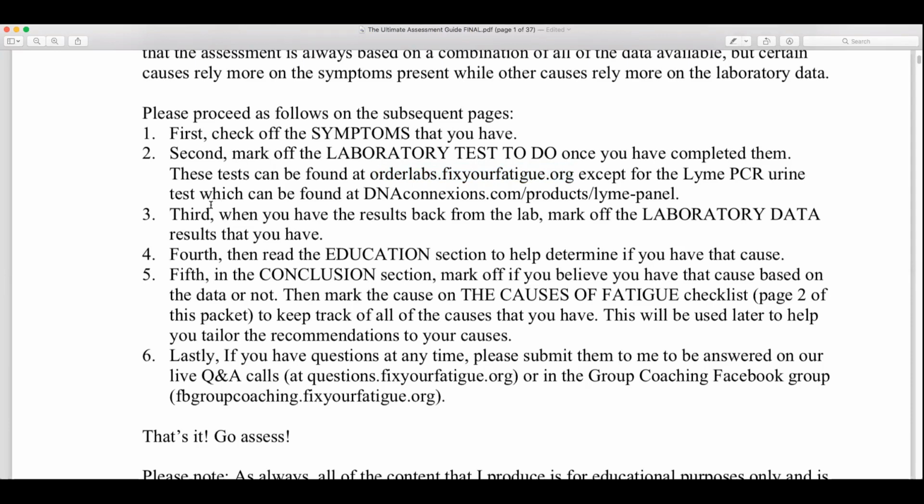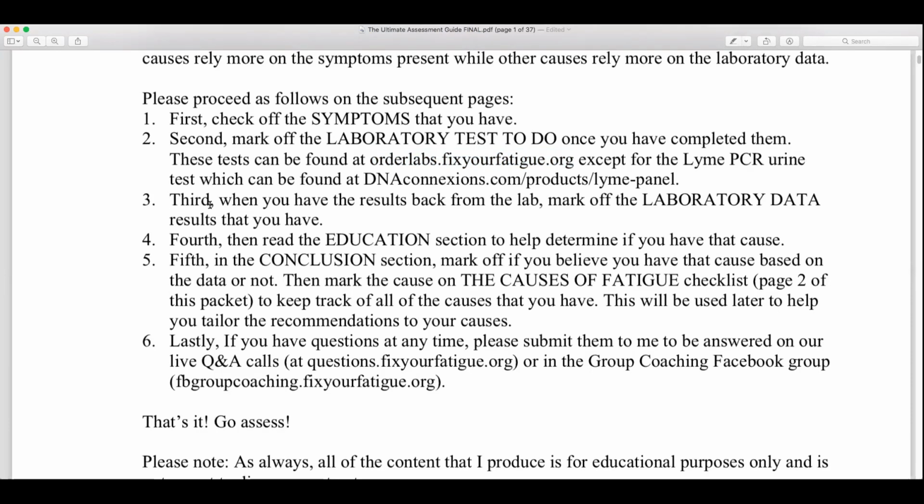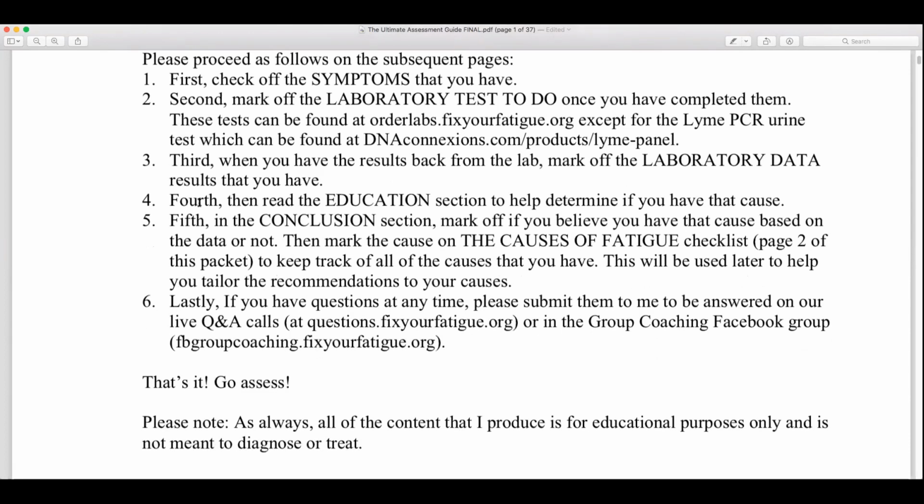Third, when you have the results back from the lab, or if you already have your results, you mark off the laboratory data that you have. Then you read the education section, which pulls it all together and helps you decide whether or not you have that cause.